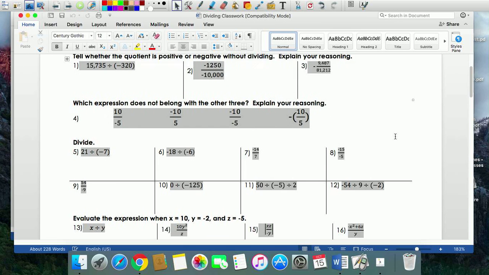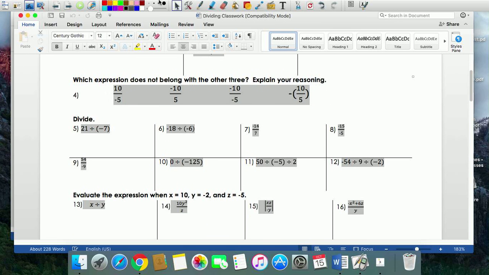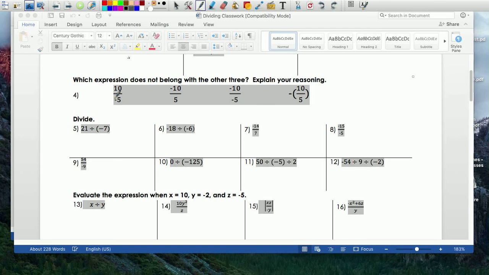Over here, we have a positive 10 divided by negative 5, so I know this is going to be a negative answer. Negative 10 divided by positive 5, again, the signs are different, so this is going to be negative as well. Negative 10 and a negative 5, so a negative divided by a negative is going to give me a positive. This is the case that I just showed you on top, so let me write this like this, and in parentheses, can we do anything here?